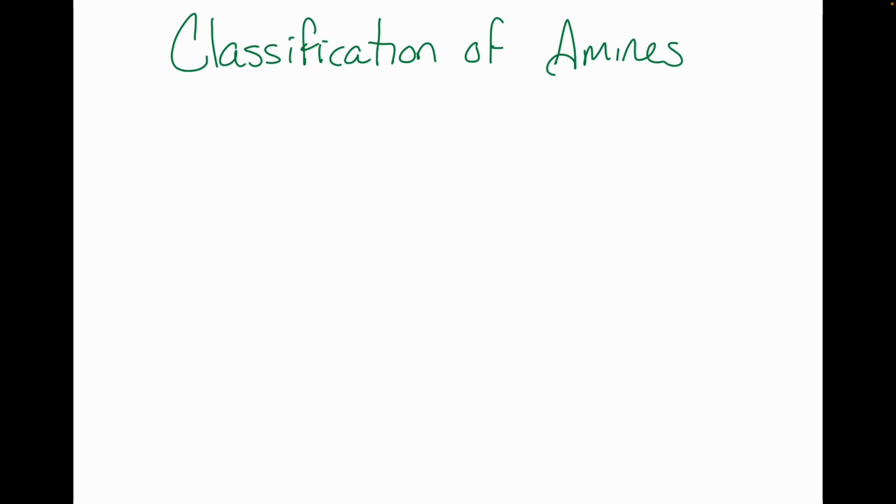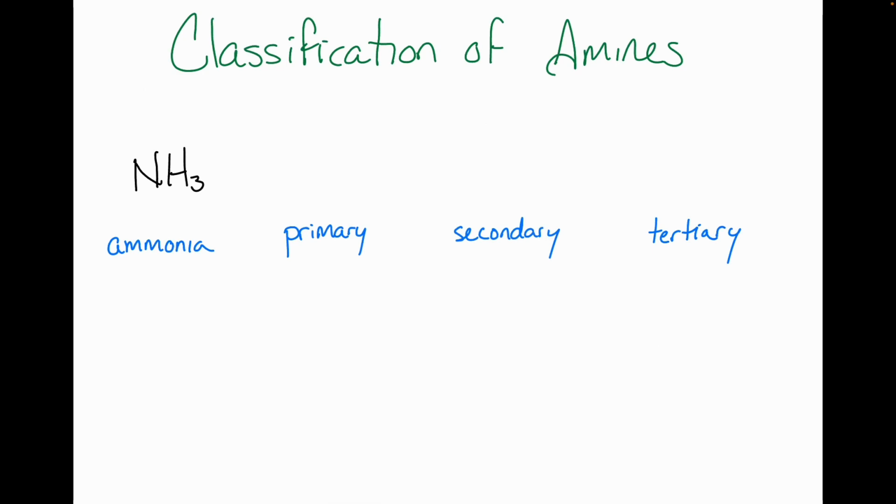By that, I mean we can have primary amines, secondary amines, or tertiary amines. And then the methyl equivalent of an amine is what's called ammonia. So ammonia is NH3. No carbons bound to that nitrogen.